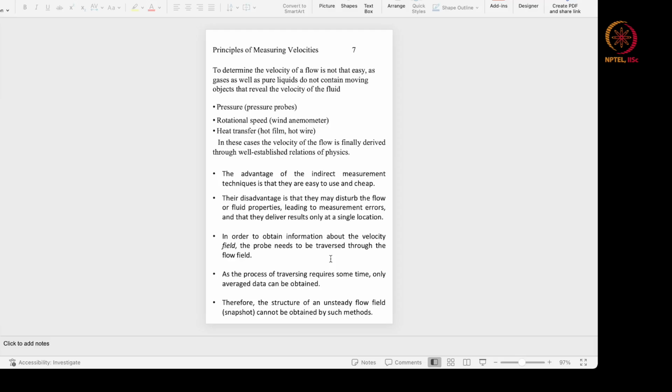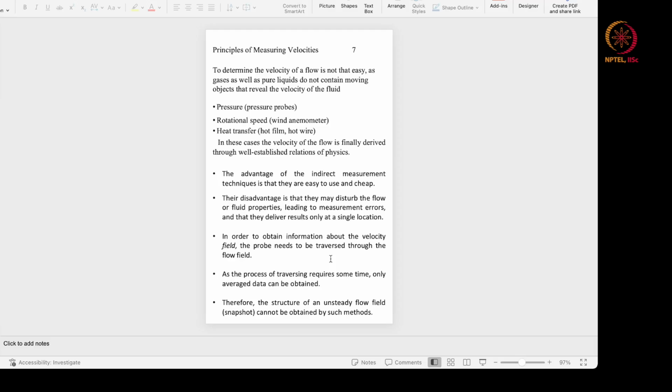Therefore, how do you do it? You use, for example, pressure probes. Pressure probes, as we already saw, could be like your pitot tube. It measures the differential pressure and links it with velocity. There are also things like the rotational wind anemometer, which we did not cover. And then it can also depend on heat transfer. For example, a hot film or a hot wire anemometer is a perfect candidate.